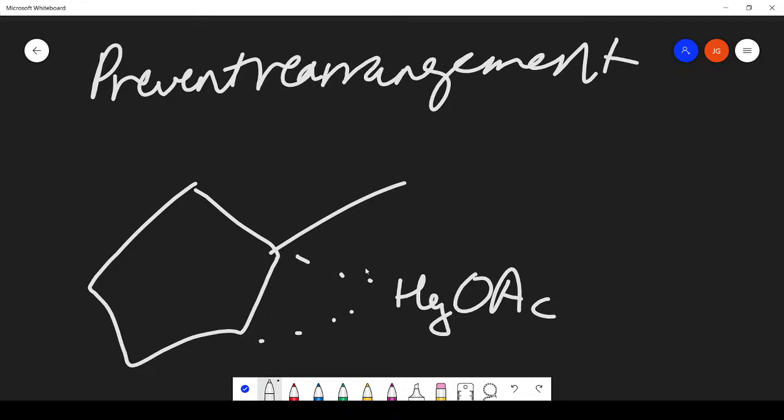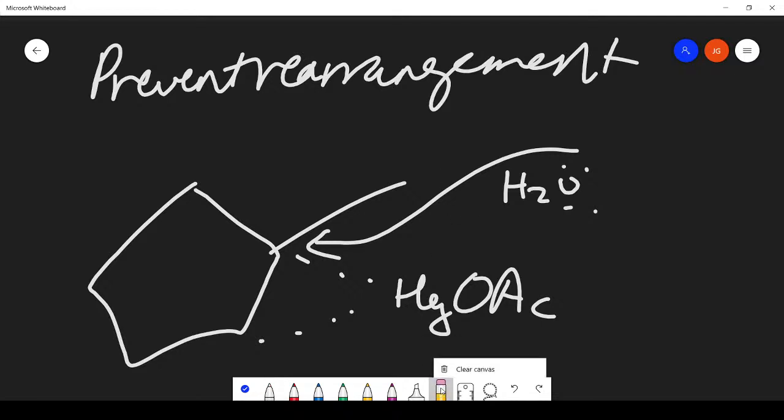And so from here you could control where your water attacks, because remember we're adding water across the bond. So it'll still attack on the Markovnikov side, but what it's going to do is prevent the carbocation from rearranging from one place to another. So that's what I meant to say, and I'm sorry for that.